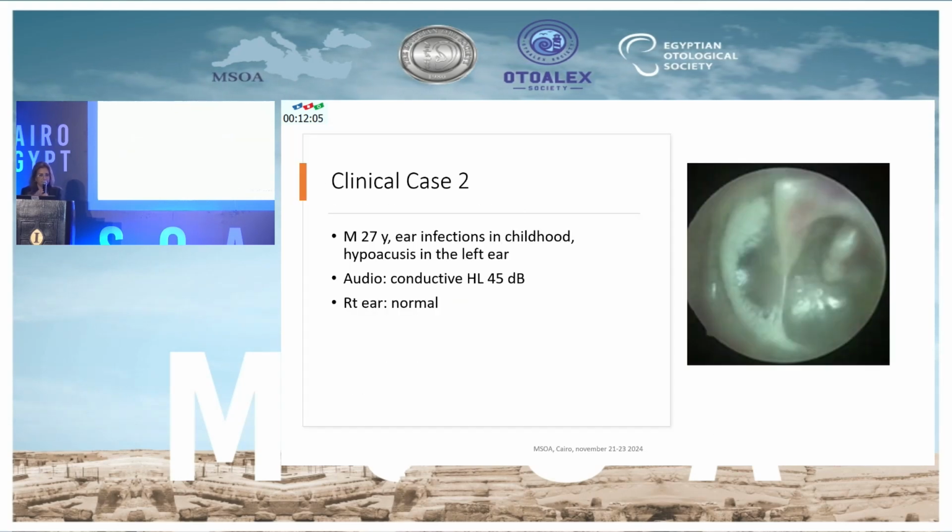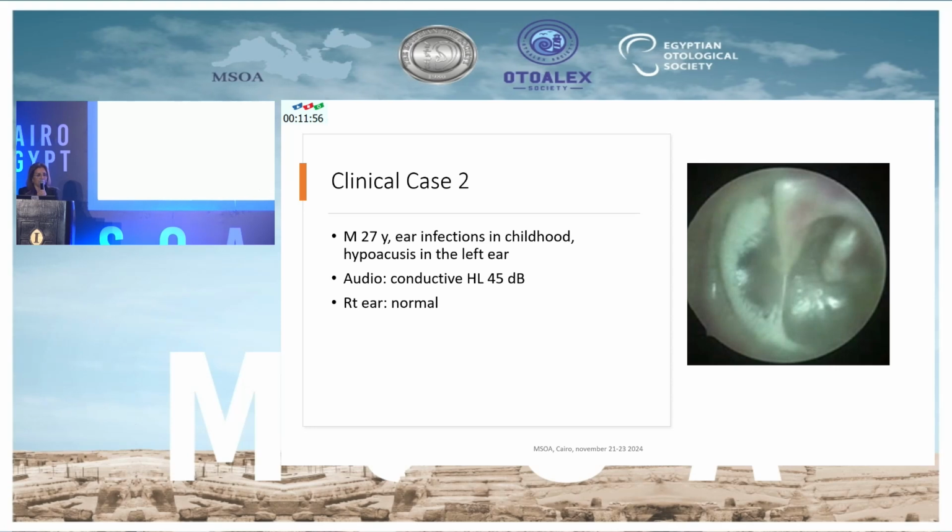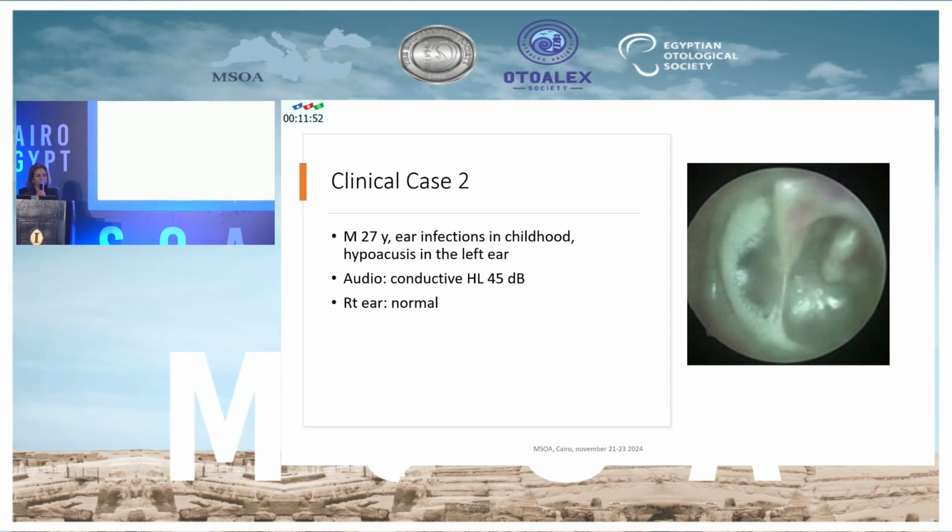Second clinical case, a 27-year-old patient who presents in his history ear infections in childhood, and he presents deafness in the left ear too.